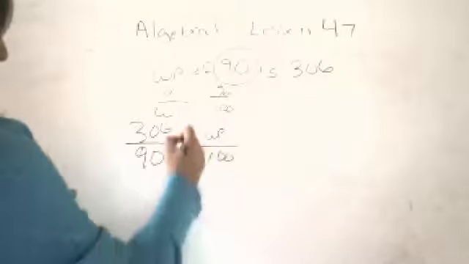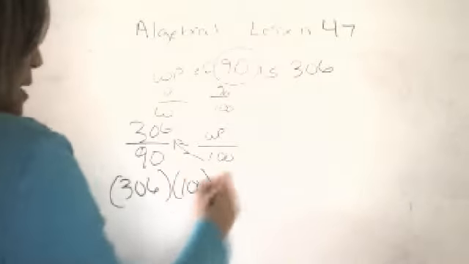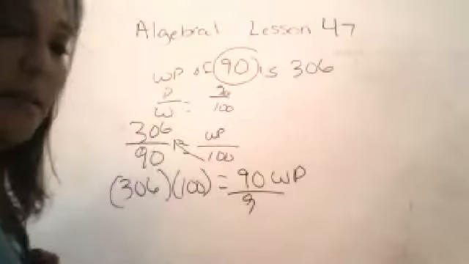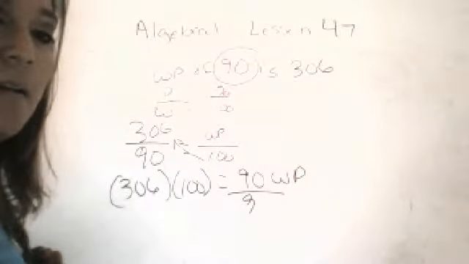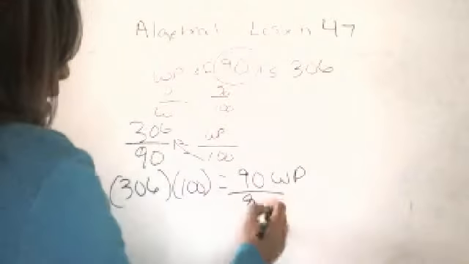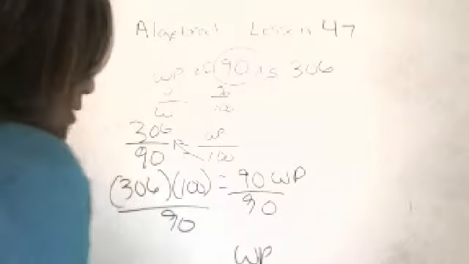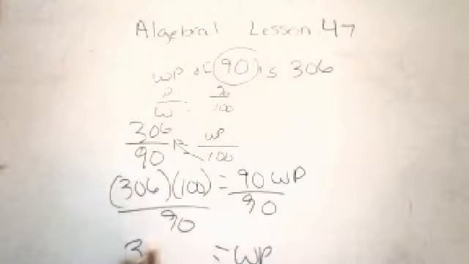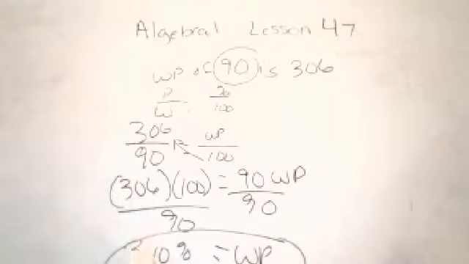And you do cross multiplication, so you have 306 times 100 equals 90 times W_P. Divide both sides by 90, and you get the percentage equals 340%. And that's your answer. So try the practice problems. There is no code on this lesson. Okay?